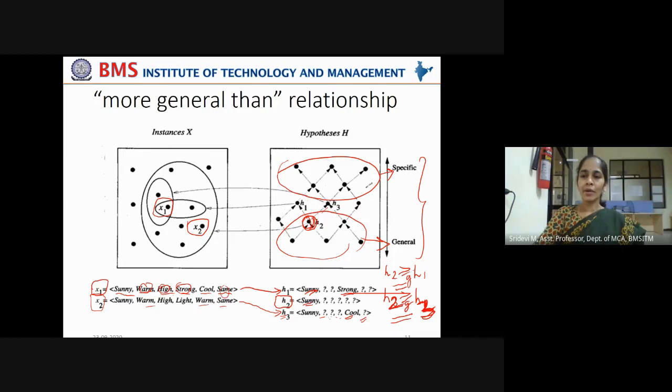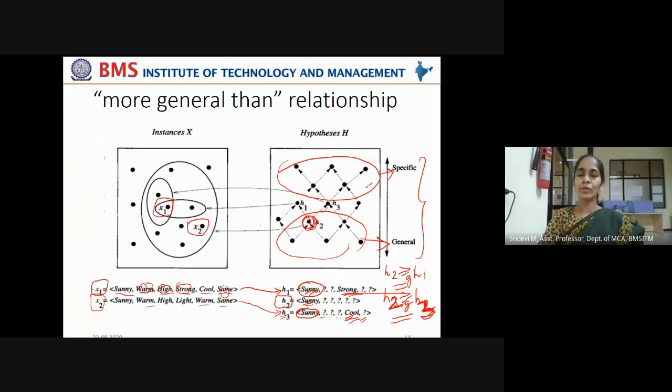Did you understand? Now, is there any relationship between H1 and H3? Can you develop any relationship between H1 and H3? H1 itself is specific. H3 itself is also specific, which can be generalized to H2, but there is no specific relationship between H1 and H3. Though sunny is the same, they are not the same with other attribute values.